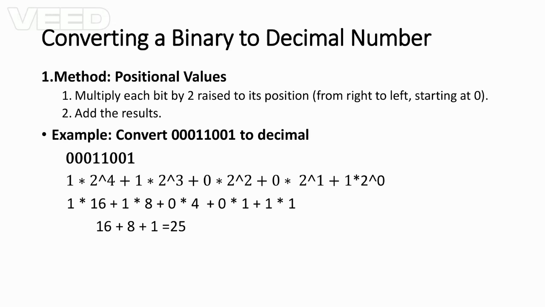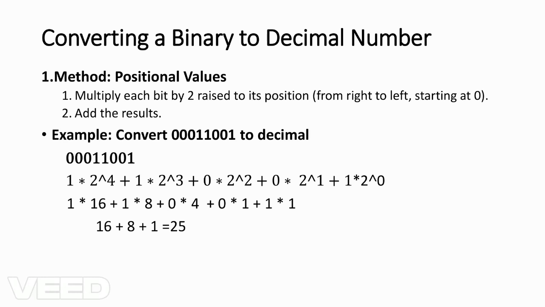plus the first 0 is also multiplied by 2 raised to the power 1. Then we have 2 raised to the power 2, 2 raised to the power 3, and 2 raised to the power 4.